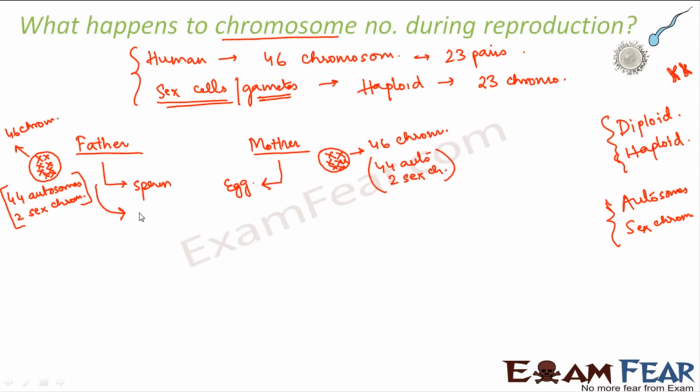That means the father will contribute 22 autosomes and 1 sex chromosome. Similarly, the mother will contribute 22 autosomes and 1 sex chromosome. Right? And how will they contribute? They will contribute via the sperm and egg cells.